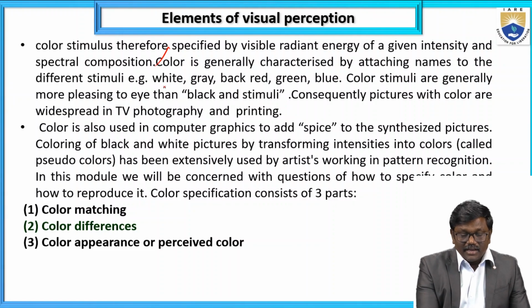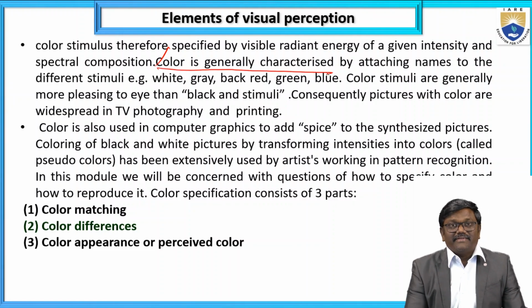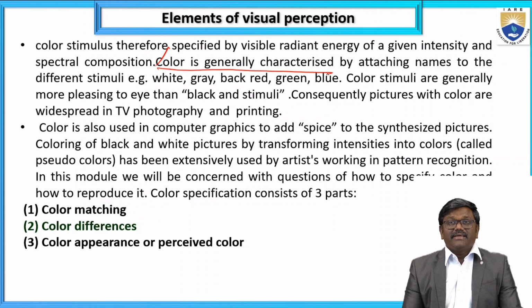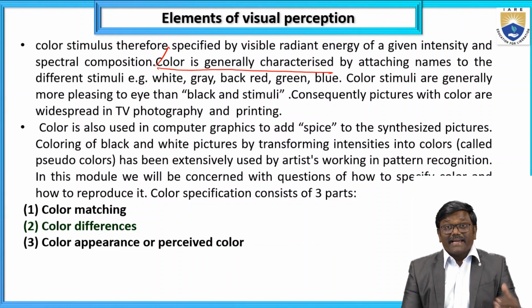As considered, color is generally characterized by attaching names to the different stimuli, for example white, grey, black, red, green, blue. Color stimuli are generally more pleasing to the eye than black and white stimuli.